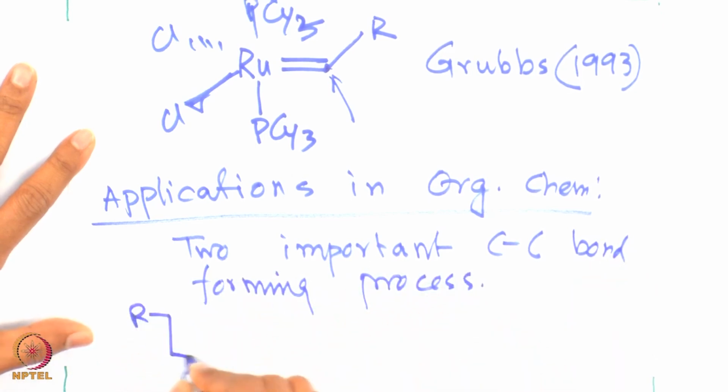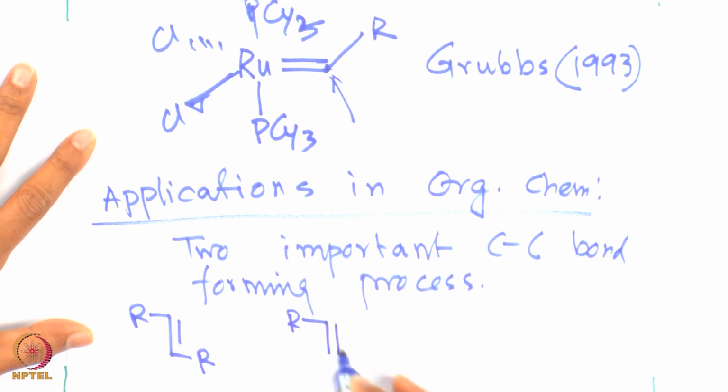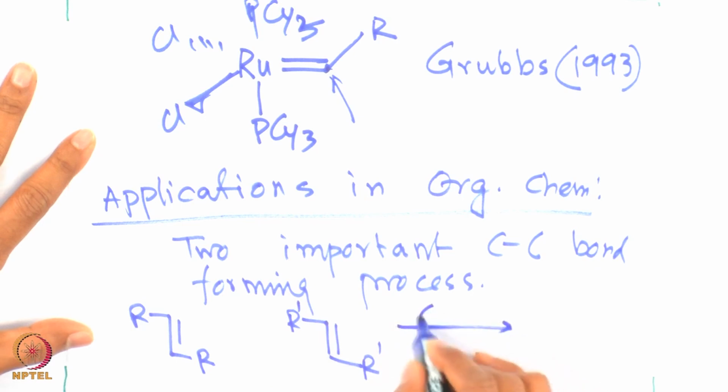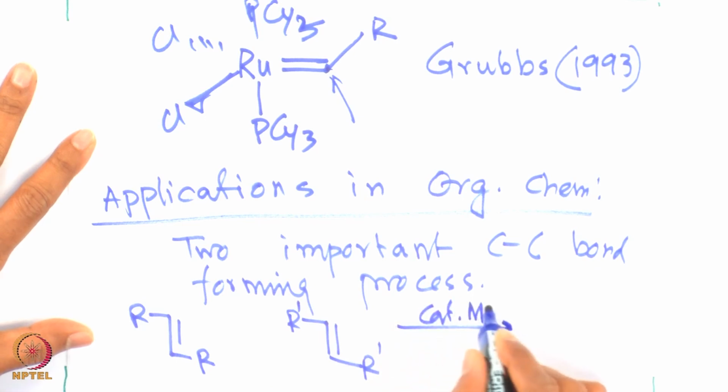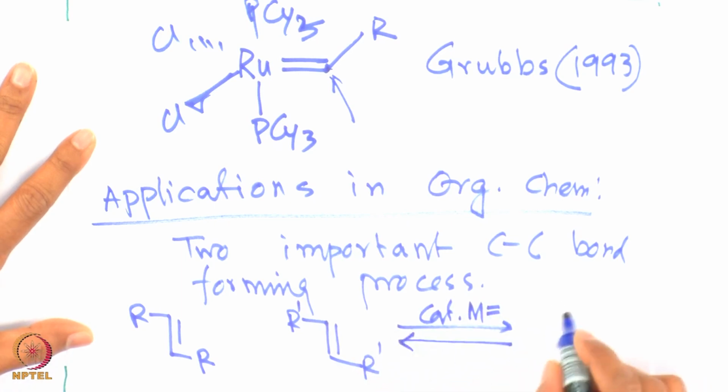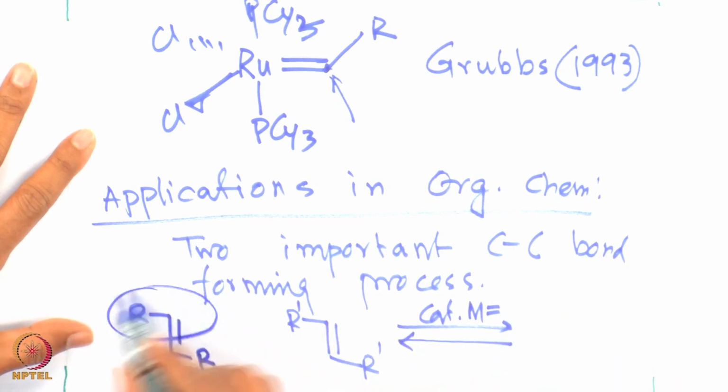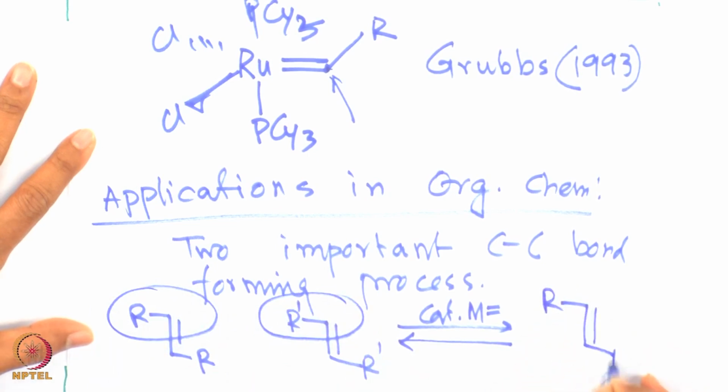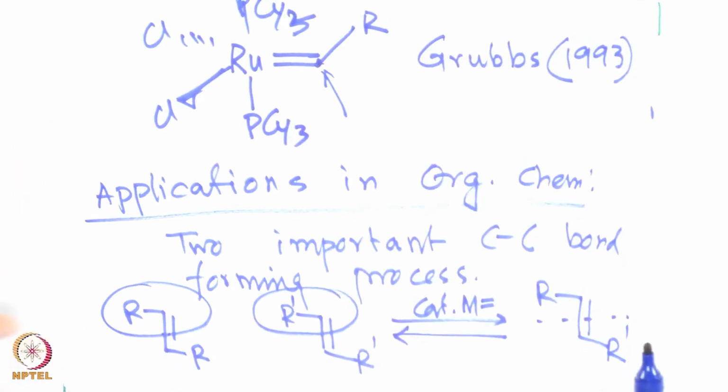If you start with one olefin where two different substituents are there, let us say R and R, and you have another olefin where once again two different substituents are there, R prime and R prime, and you react it with the Schrock carbene, or nowadays Grubbs catalyst or Schrock catalyst, usually you will get an exchange of partner, where one half of the olefin is exchanged with the other half to give you the final compound, where one half is associated with the double bond of one olefin and the other half with the other olefin.